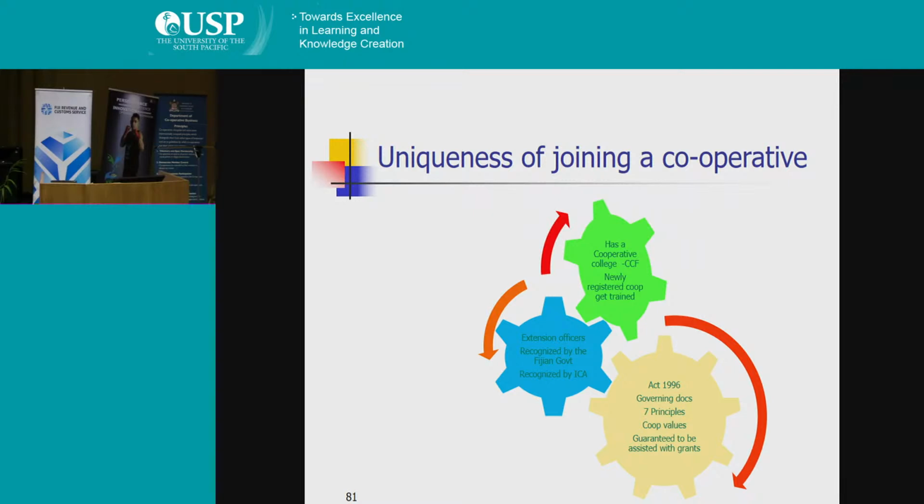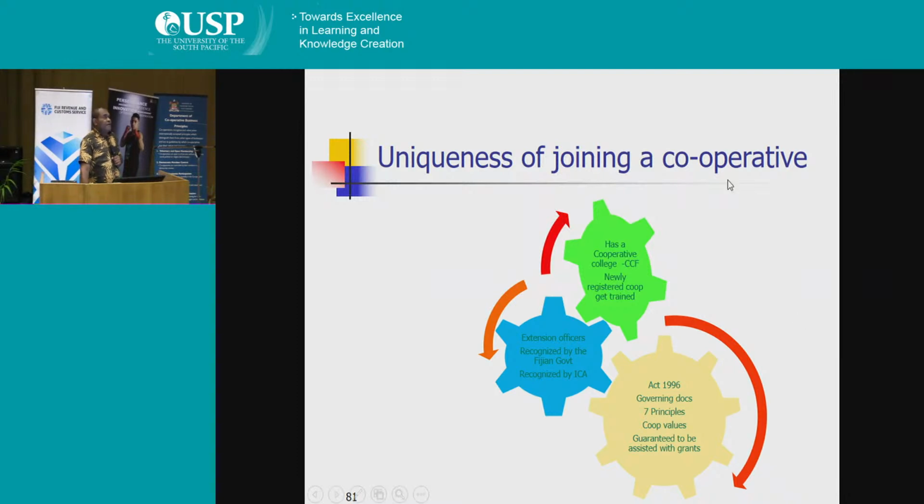Then the board members will screen your application. Oh, he's a declared bankrupt guy. So we have criteria in place to safeguard the business, the members and the existing members. Any other question?